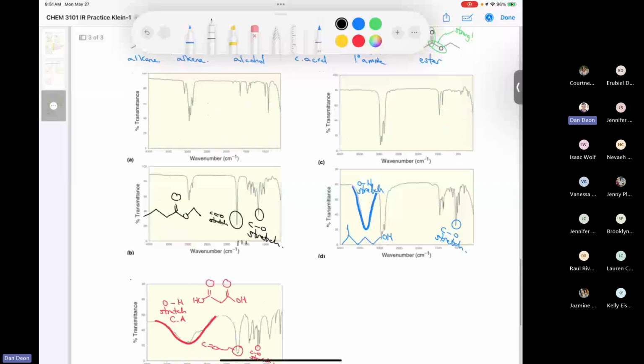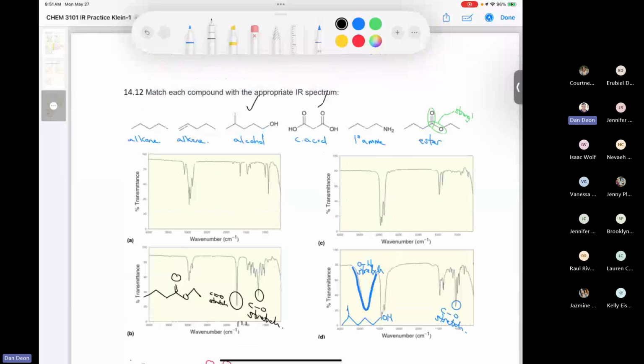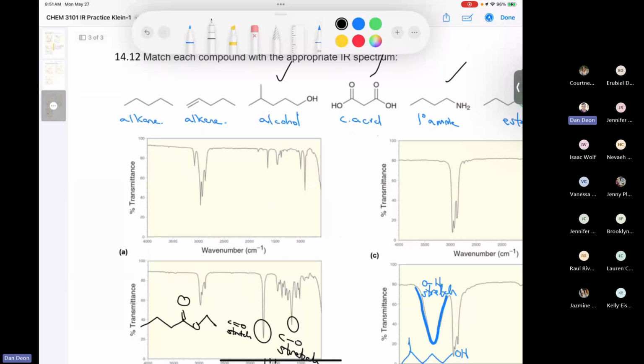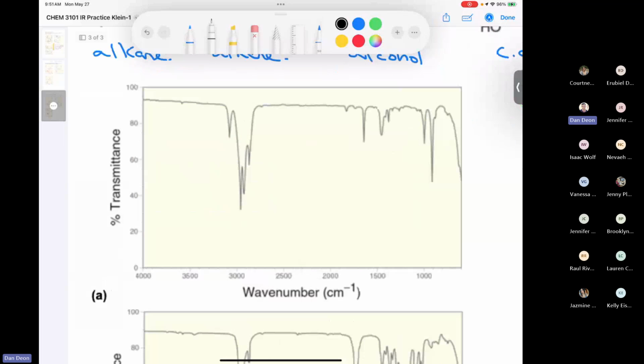Between the alkene and the alkane, hopefully you can see A is the alkene, and we know 2 things from an alkene. We look for the weak carbon-carbon double bond stretch around 1630. If this is 15, this is 16, this would be it. It's very weak, but this is the carbon-carbon double bond stretch of an alkene.